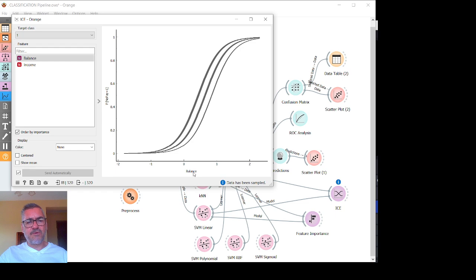Usually in the PDPs, the balance should be measured by the actual absolute values of the data set. But I'm not sure, I have to check, I think Orange here uses standard deviations. So these are +1 standard deviation from the mean balance, +2, -1, -2 standard deviations.